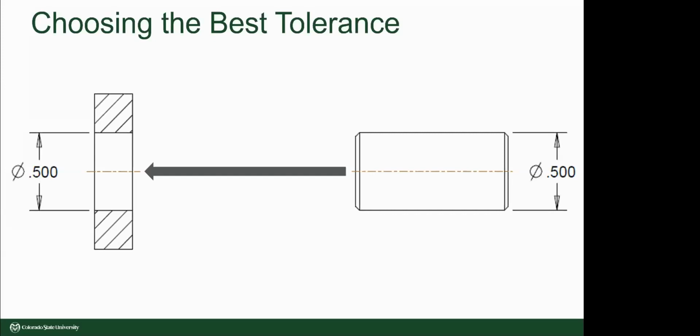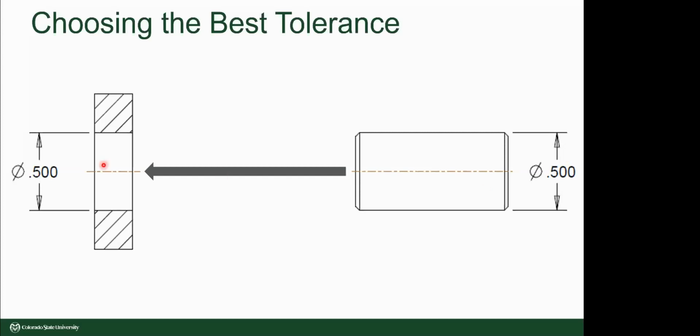But you might be asking yourself, how do you know what tolerances are appropriate for certain functions that you need out of your product? Well, let's look at an example of that. Currently, both the part with the hole over here and the mating shaft are dimensioned to the same basic diameter.